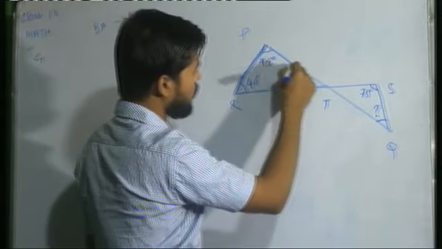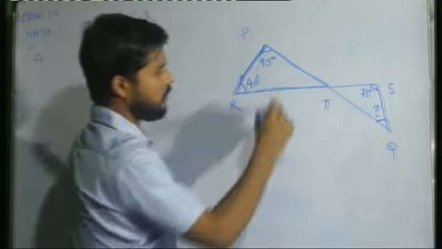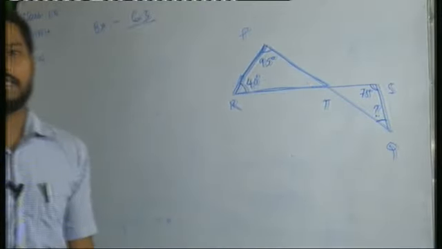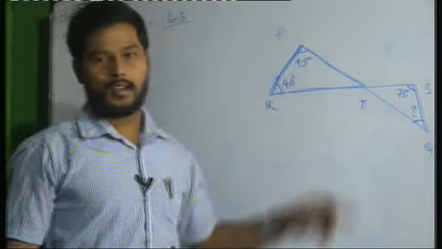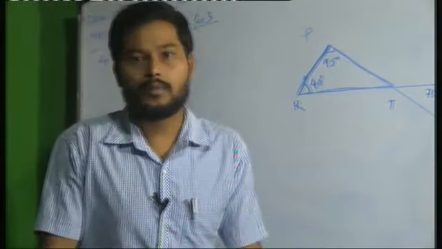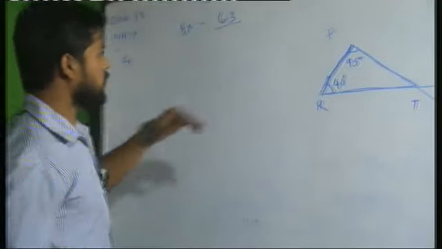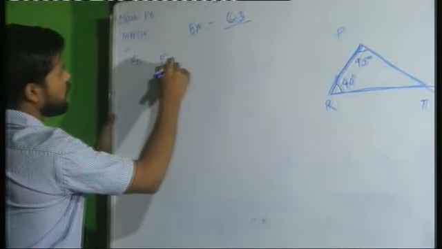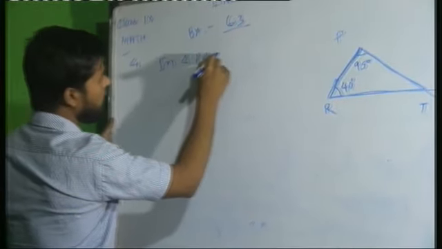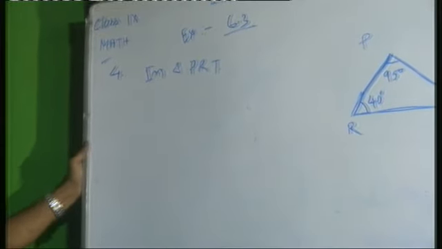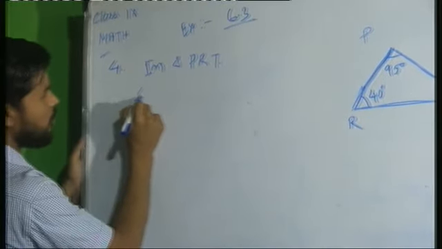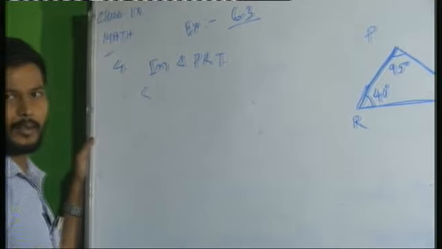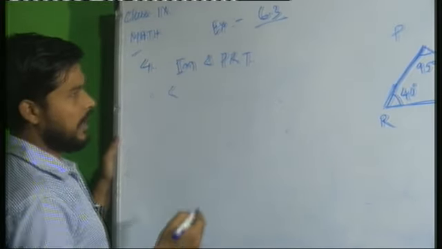In that triangle, out of 3 angles, 2 angles are given. So we can easily calculate the third angle by using the angle sum property of a triangle. So consider the triangle PRT and apply the angle sum property. That means the sum of all interior angles of a triangle is equal to 180 degrees.